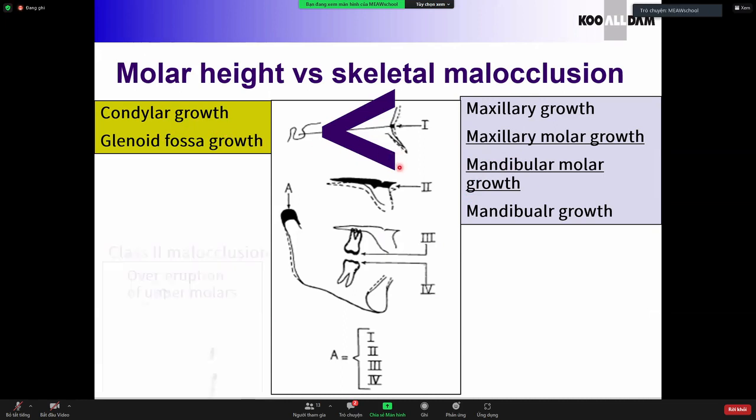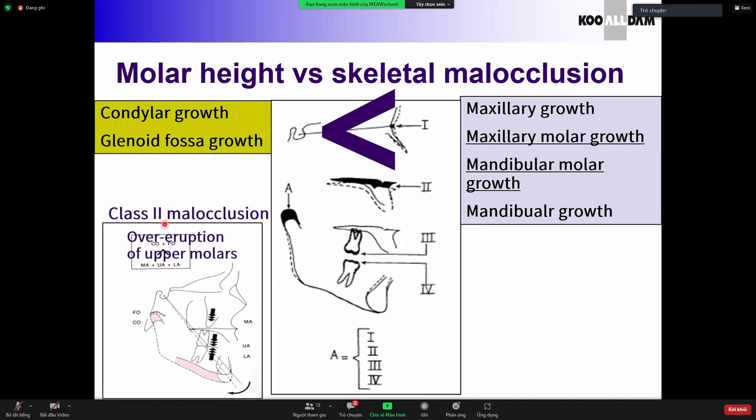We have learned like that. Especially in over eruption of upper molars, this is a greater value, this area, and the lower jaw is moving backward, so we can see class 2 malocclusion.